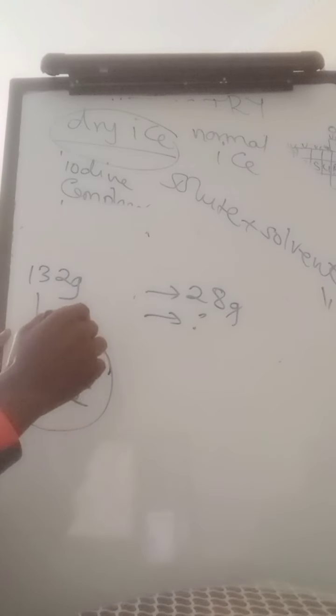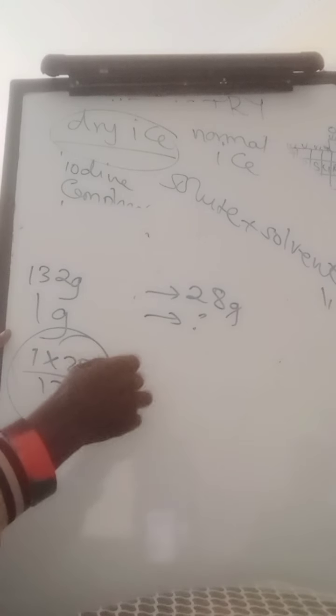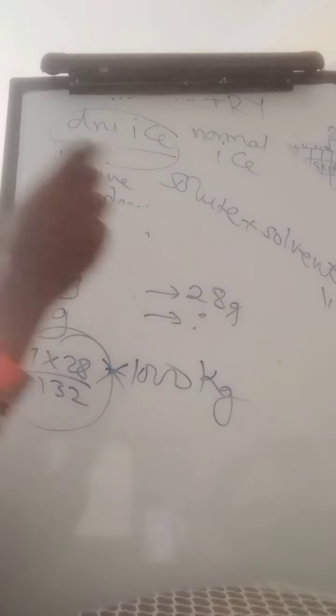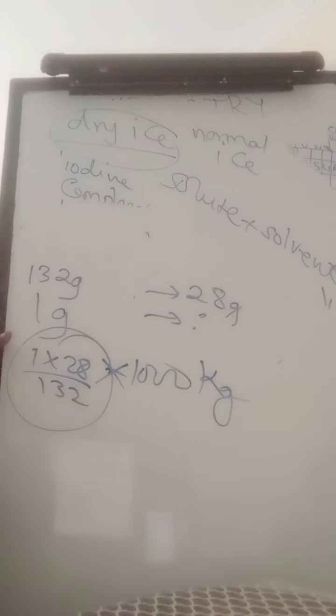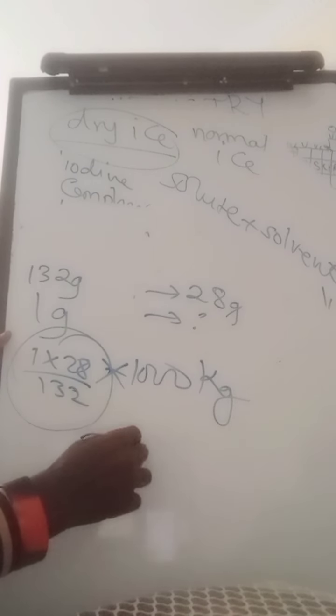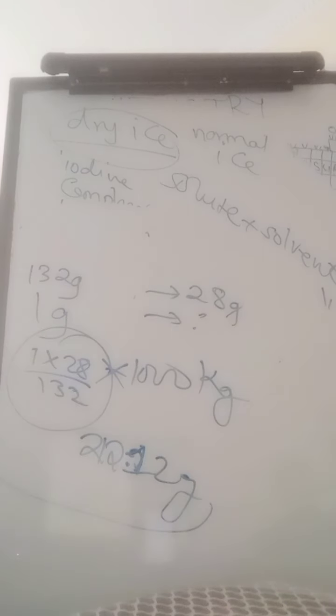So if it's 1 gram, then what about 1,000 grams, because they said 1 kilogram, isn't it? That gives you 212.12. Yeah, that's what you're supposed to do. How am I wrong? You say 7 point something.